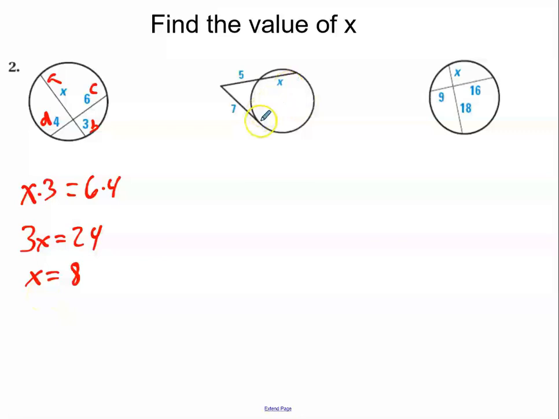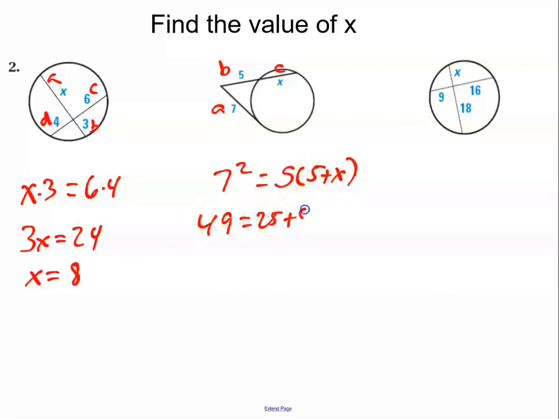And this is the one where it's a tangent and a secant. Remember, the tangent has to be your A, and then the B and the C are the parts of the secant. The B has to be the outside part. So it's going to be 7 squared equals 5 times 5 plus x. 49 equals 25 plus 5x.